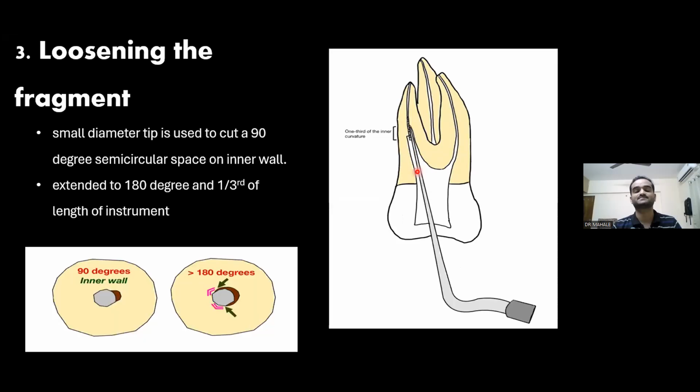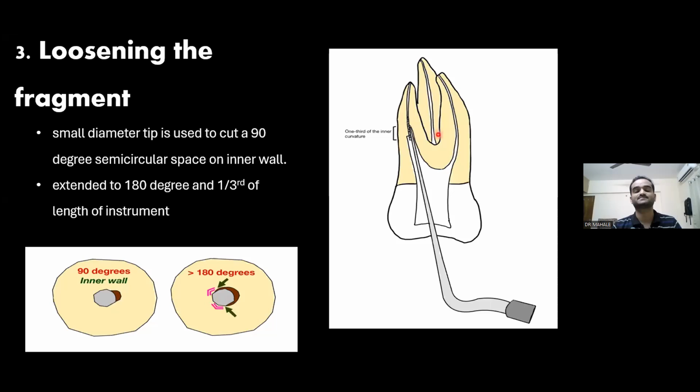Coming to the third step of ultrasonic retrieval, it is loosening the fragment. In this step, a small diameter tip is used to cut a 90-degree semicircular space in the inner wall of the curvature. Once you trough 90 degrees in the inner wall of the curvature, you can extend it to 180 degrees, going up to a depth of 1/3 of the fragment. If you go up to 1/3 of the fragment, there's more chance that the file might loosen.